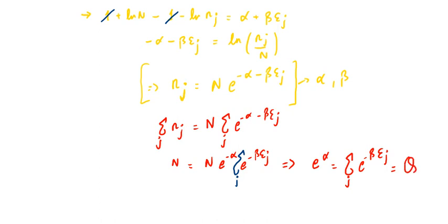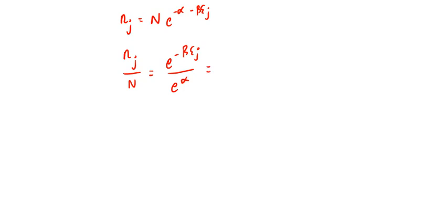If I rewrite the formula, we had n_j equal to n times e to the power of negative alpha, negative beta epsilon_j, and I can rewrite it to say n_j over n equals e to the minus beta epsilon_j divided by e to the alpha, where e to the alpha is the summation over j of e to the power minus beta epsilon_j. What is this basically? It is a sort of probability function, also called the Boltzmann distribution in terms of probability.